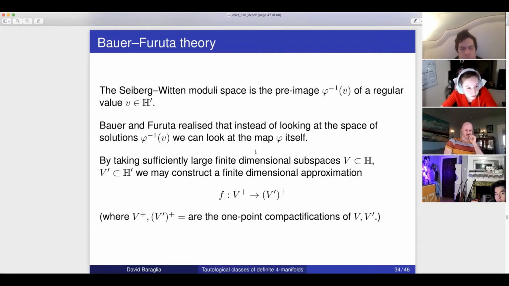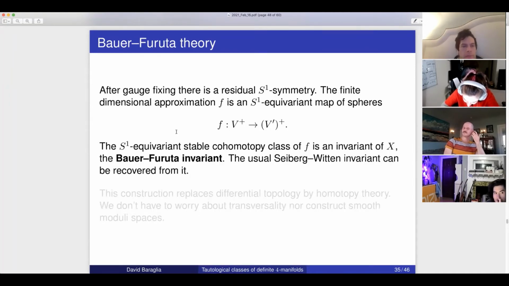So you take suitably chosen finite dimensional subspaces and take a finite dimensional approximation of the map, and then you take one-point compactifications to get a map between spheres. And the homotopy class of this map contains interesting information.